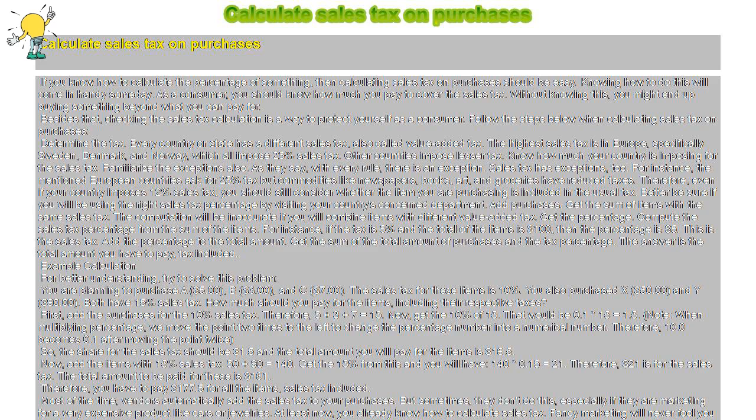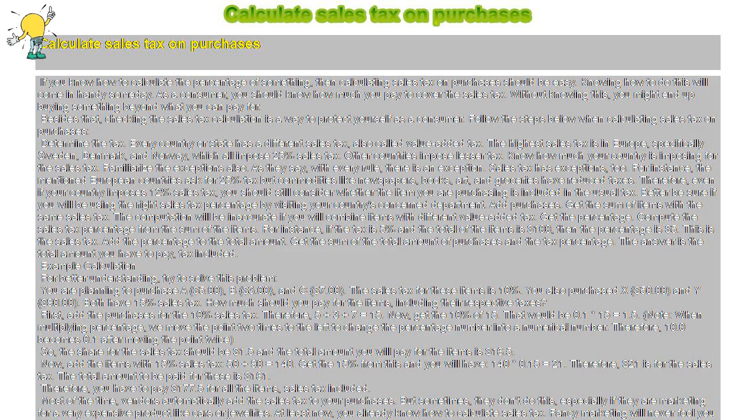Example calculation for better understanding. Try to solve this problem. You are planning to purchase A, $5, B, $3, and C, $7. The sales tax for these items is 10%.